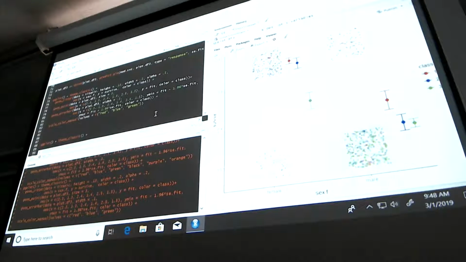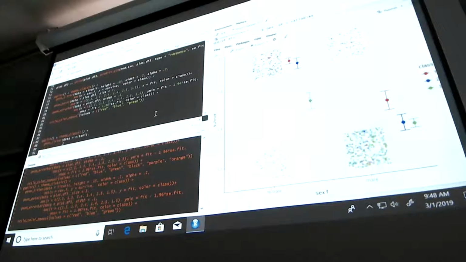And then we'll have geom jitter. We're just building our base plot. We know that data is Titanic. And for our aesthetics, x we're going to have age, and y is going to be survive. And let's color it by class.